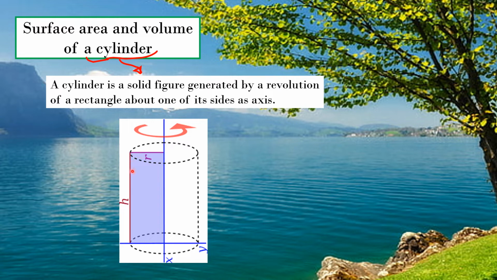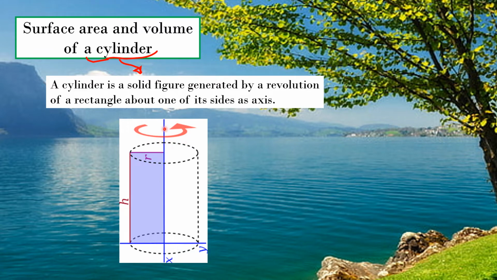Now, here is the rectangle, and of course, one of its sides as axis is this one. We're going to use this as an axis. Now, we are going to rotate the rectangle counterclockwise, going this way.